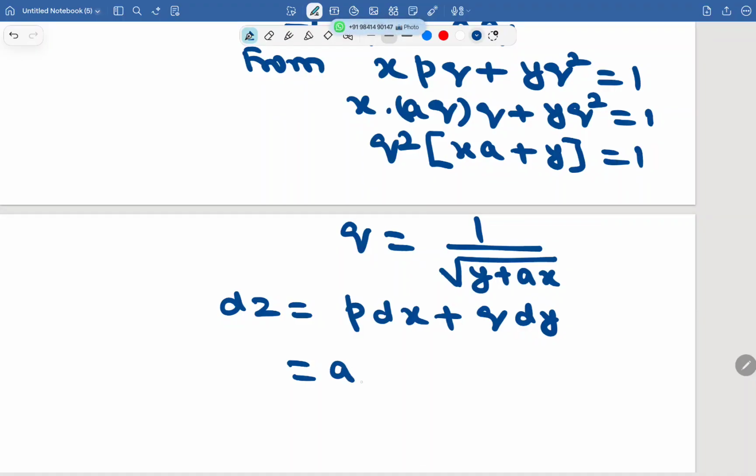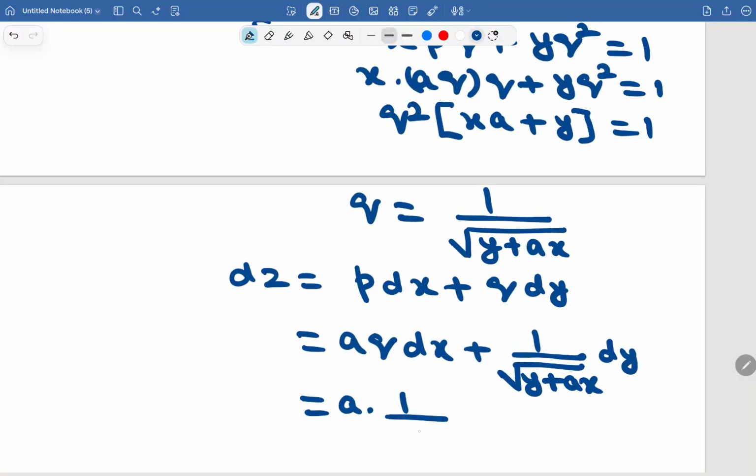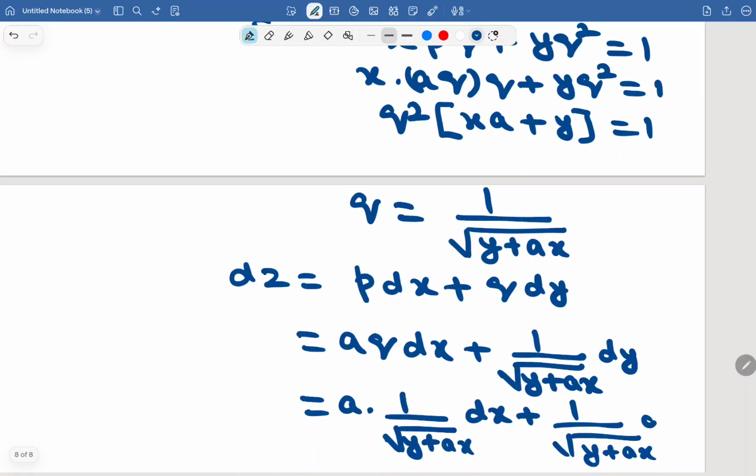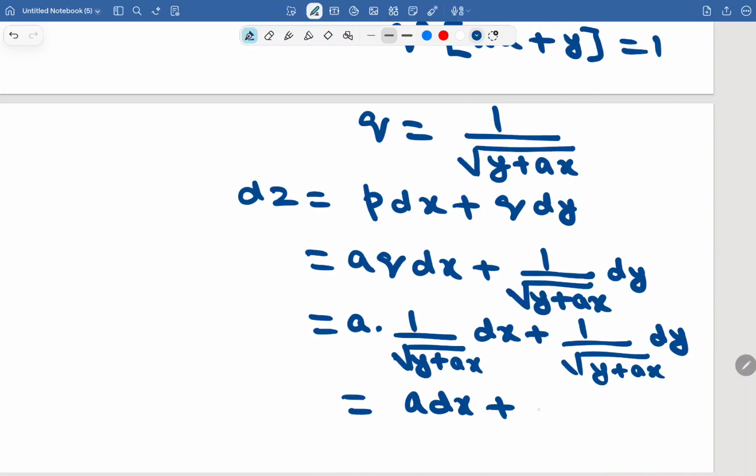What is p? aq dx plus q dy, with q equal to 1 by root of y plus ax.